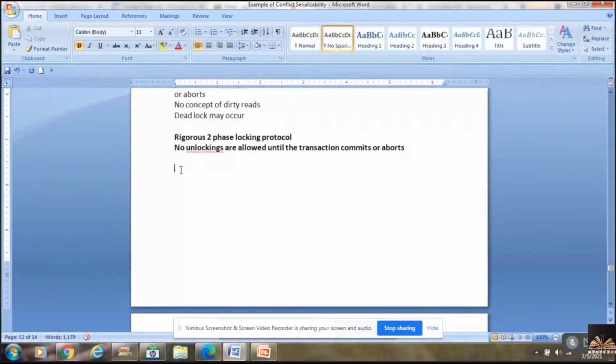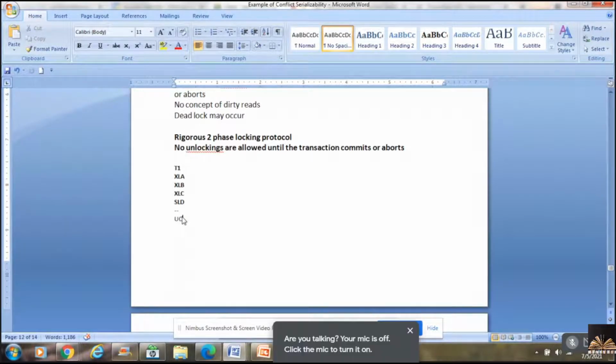So if I'm talking about T1, T1 is acquiring XL on A, XL on B, XL on C, and SL on D. So the first three are exclusive locks on A, B, C, and a shared lock on D. With respect to the normal strict two-phase locking protocol, I'll just go one step, and after that unlock C. This is allowed because until I release a lock, I am not sure whether I want to commit or abort transaction T1.